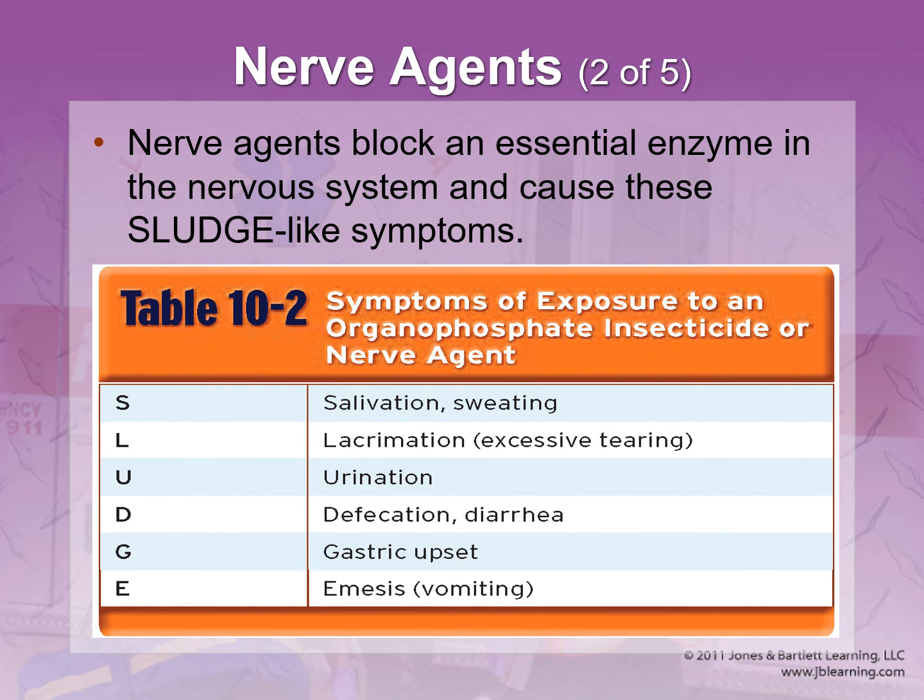So that's why all of our little automatic processes just go to 10, and all of a sudden you're going to see all those things. Now, nerve agents and these insecticides, these are pretty much the only things that can really lead to these sludge-like symptoms. So you've got to know it, because if you get a call for a patient with sludge symptoms, that's a huge scene safety thing. That means they were exposed to something pretty deadly, and you've got to be careful when you're with it.